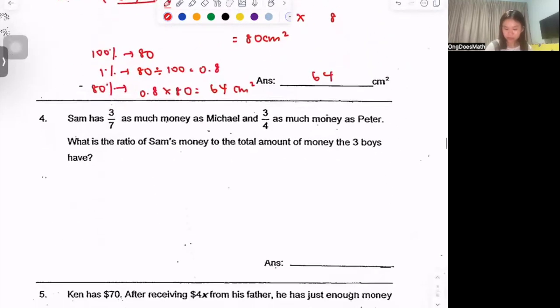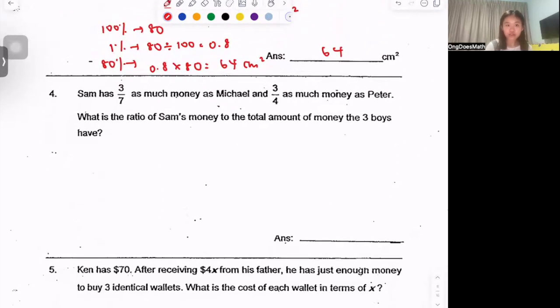Next, Sam has 3/7 as much money as Michael and 3/4 as much money as Peter. What is the ratio of Sam's money to the total amount of money the 3 boys have? So let's look at the fractions individually.